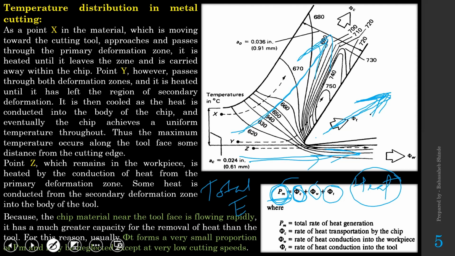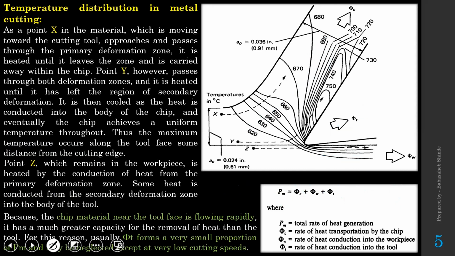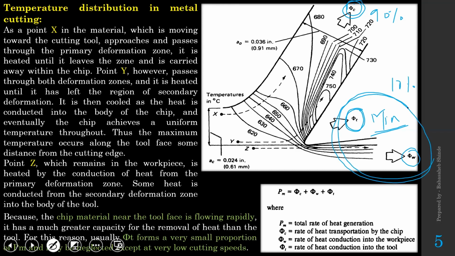Now out of these three things, that is phi C, phi W, and phi T, this phi T is going to have a minimum value, because we know that this phi C is almost 90%, and whatever remaining 10% is there will be the addition of those two. This we know. Now out of this also, this phi T is going to have the minimum value. Why?